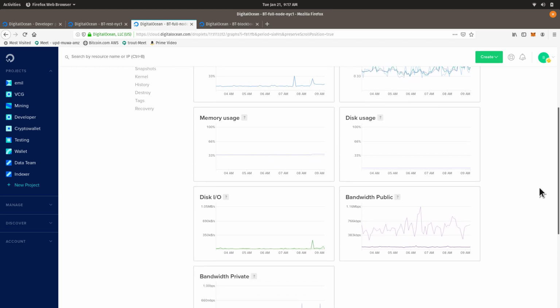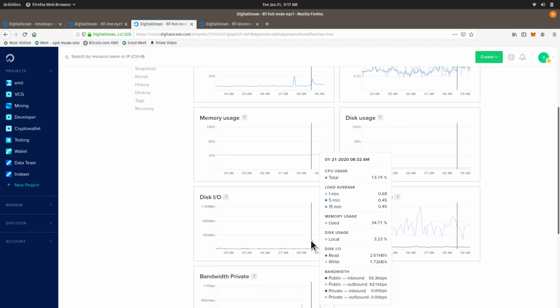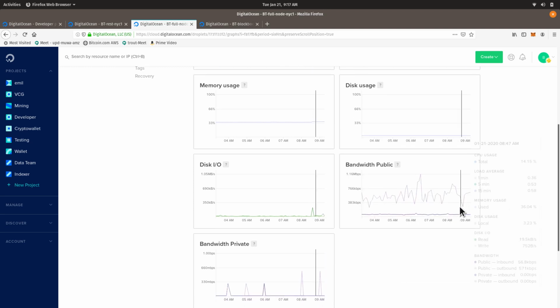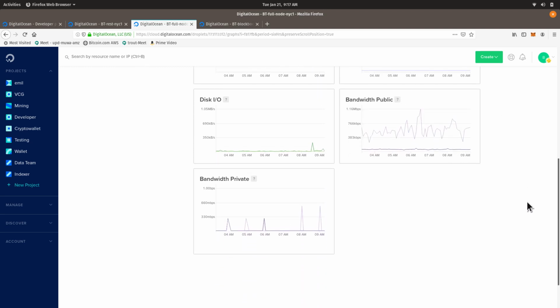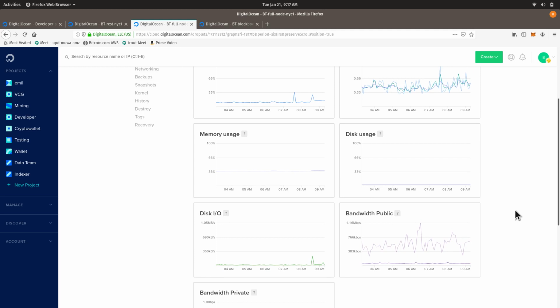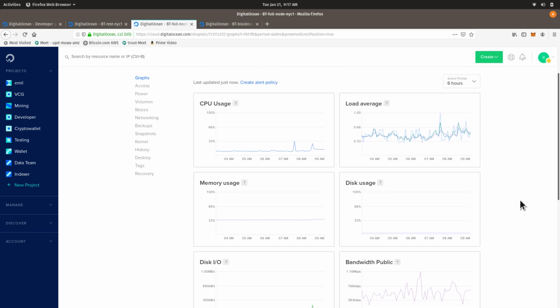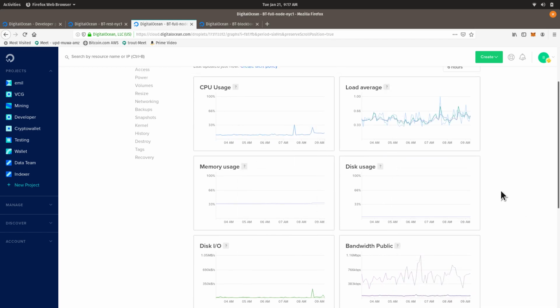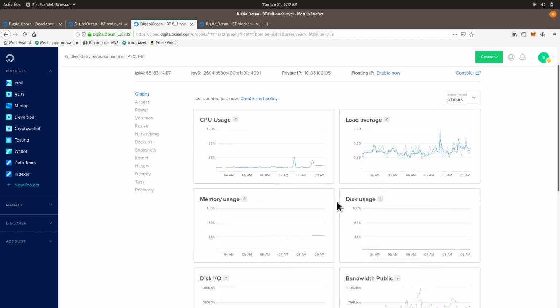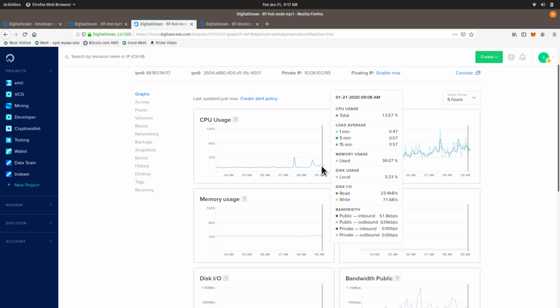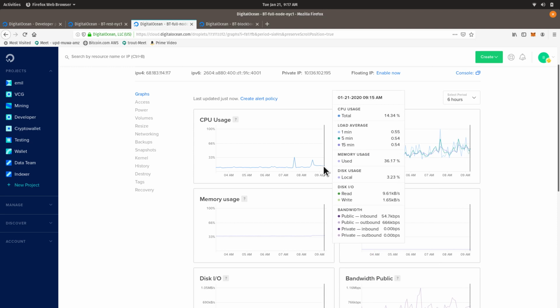I don't know what these spikes were. You know, pretty heavy bandwidth usage. That's to be expected. It's just doing what it has to do. This is what the test focused on. So if we saw any significant increase, we would see it right here. So yeah, you can see the stats right there.